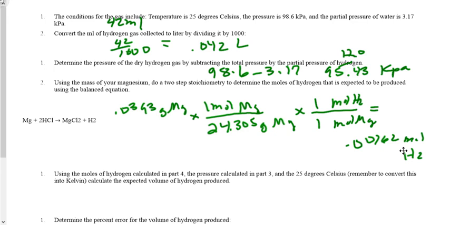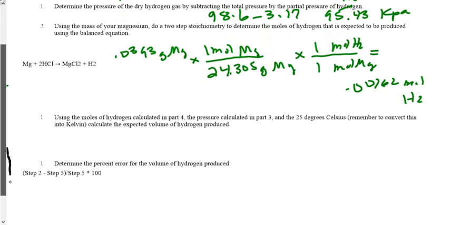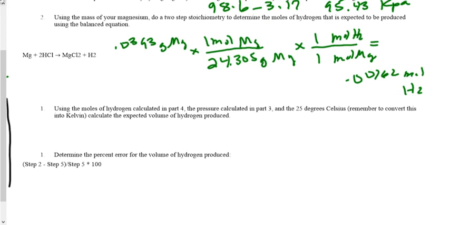Now we have to use our ideal gas law equation to convert these moles to volume of hydrogen. What we're trying to figure out is, in theory, how much hydrogen should we have gotten from this lab? So now I'm going to plug that into the PV equals nRT equation.